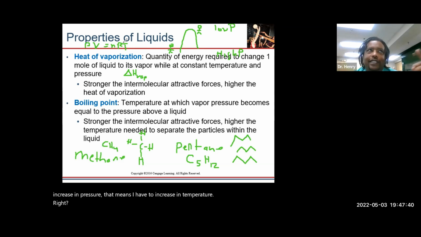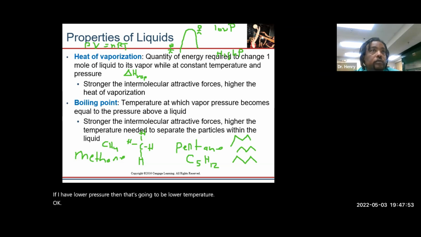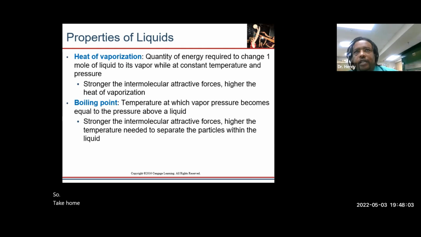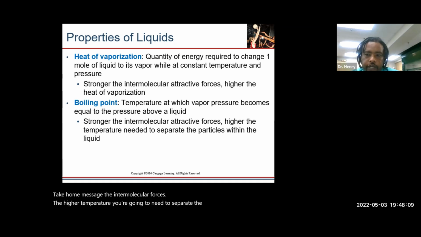You see how this always comes back? So if I have lower pressure, then that's going to be lower temperature. Okay, so take-home message: the stronger the intermolecular forces, the higher the temperature you're going to need to separate the particles in that liquid.